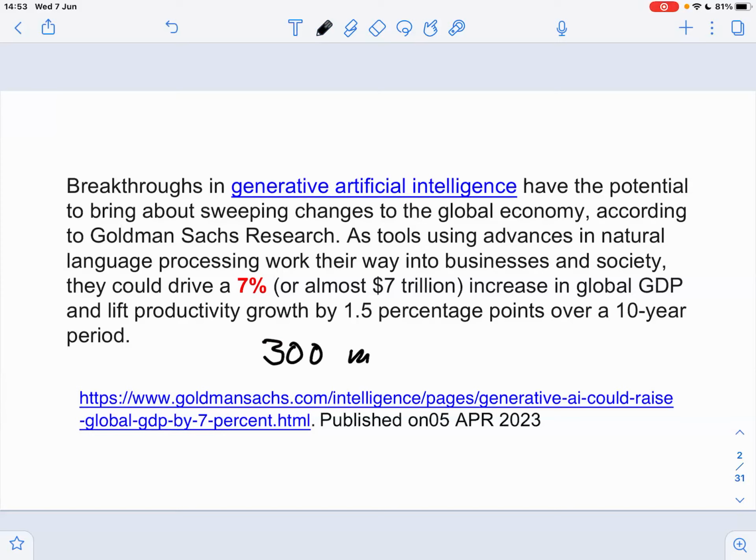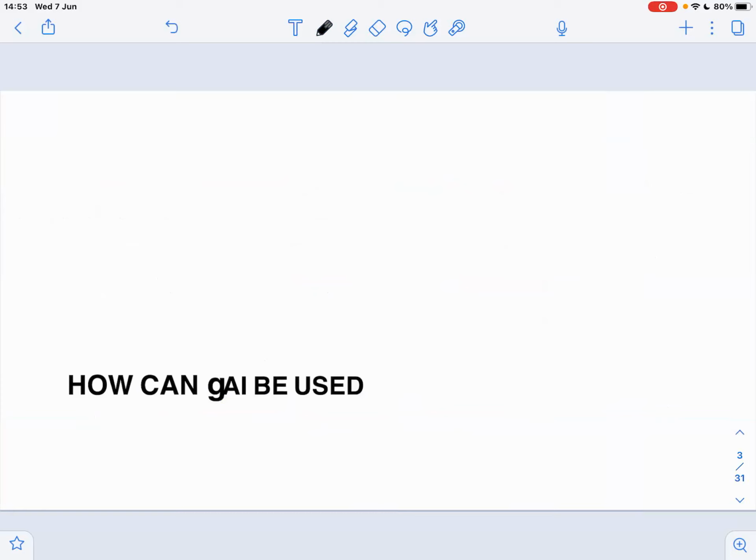So in a way, if we want our students to be successful in a future career in a job market, I think we have no other option but actually to talk about the elephant in the room, generative AI. So how can it be used? And I think Cesare already gave a really nice overview of things.